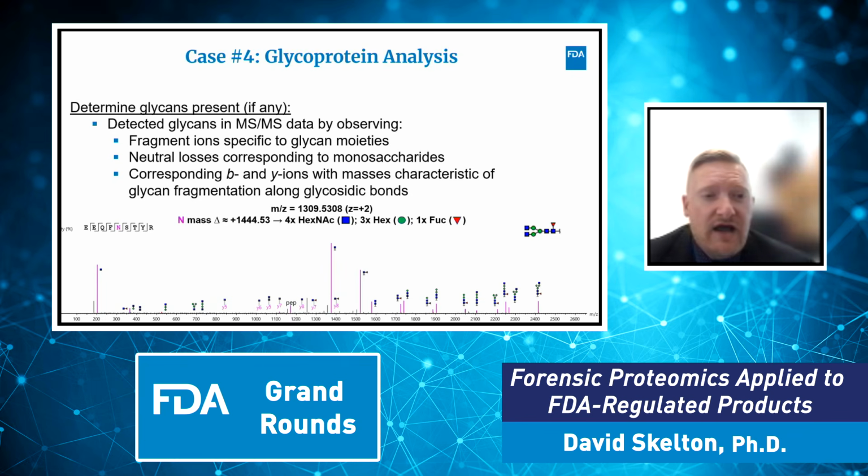And the B and Y ions that carry that asparagine amino acid, we are also showing the structure of the glycan as it is being fragmented. And we can build this back up to show in the upper right corner of that spectra the structure of the glycan that is on that amino acid.